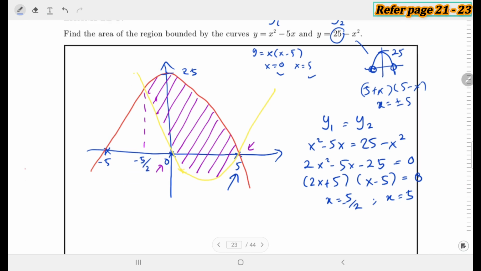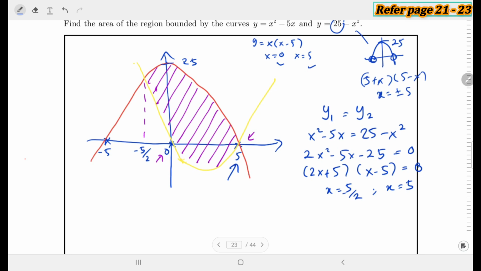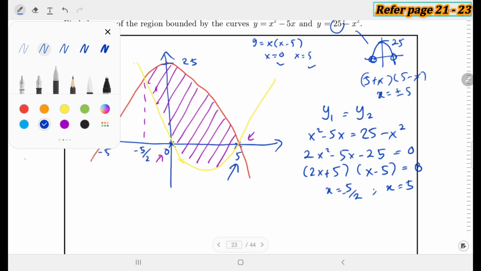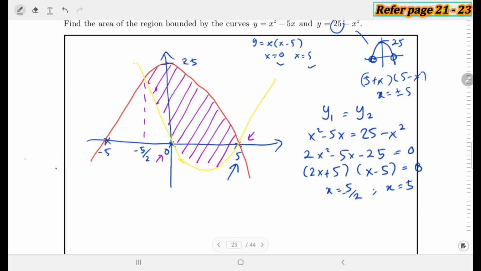Now I am referring to the x-axis to find the area. When we look at the x-axis, which function is the upper function and which is the lower? If you can't see, let's draw a vertical line. We can see the red one is the upper function, while the yellow one is the lower function.